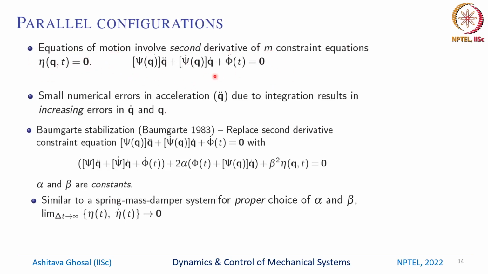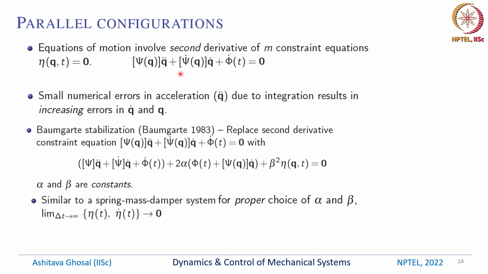And what is the difference between these two? Instead of eta of q comma t, suppose you have eta of q comma t plus c1 plus c2t equal to 0, where c1 and c2 are some small numbers. When you take the second derivative of eta plus c1 plus c2t equal to 0, you will get this.